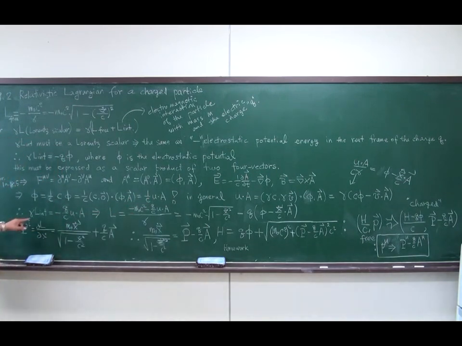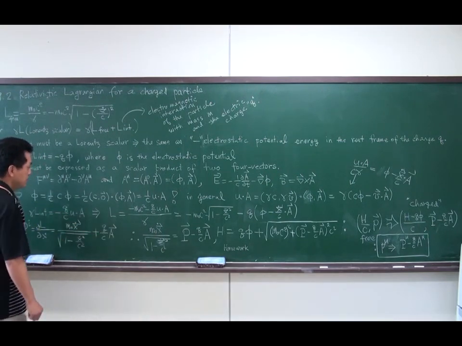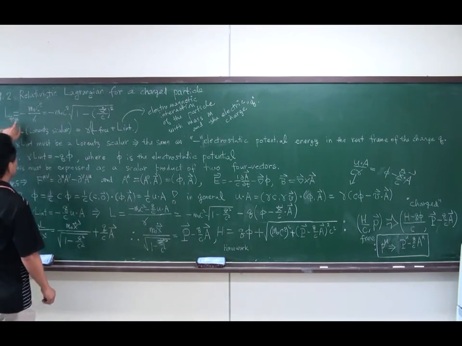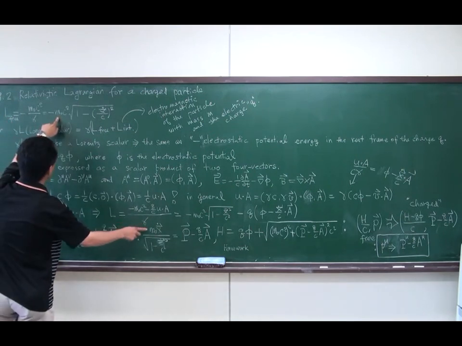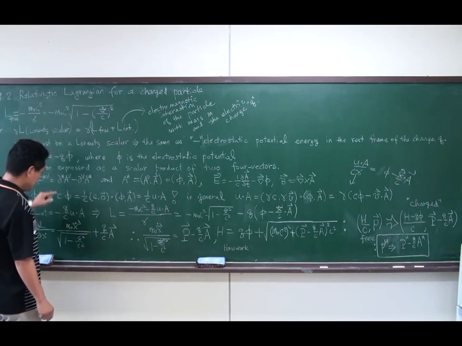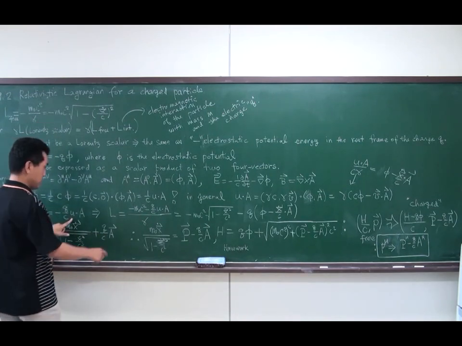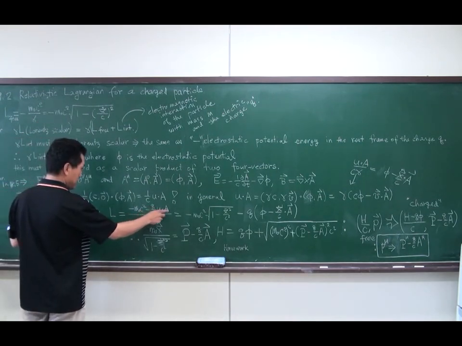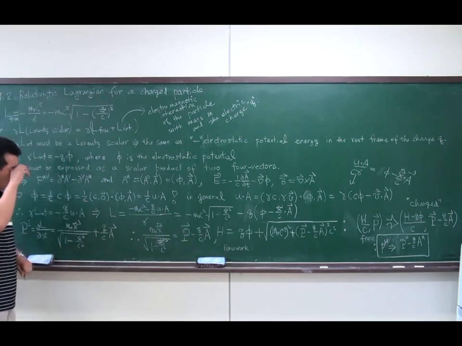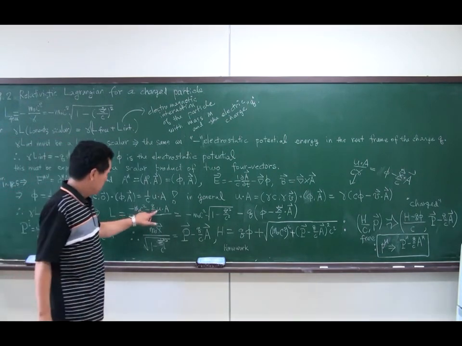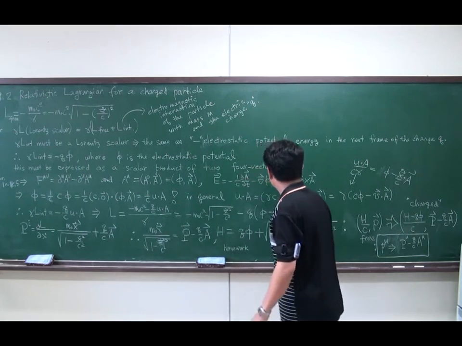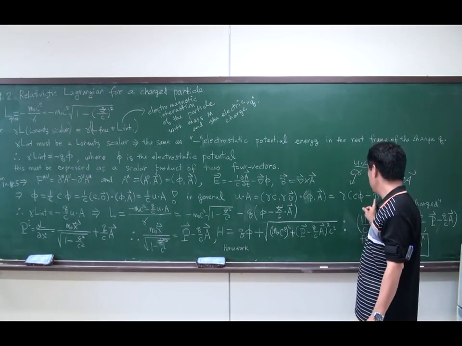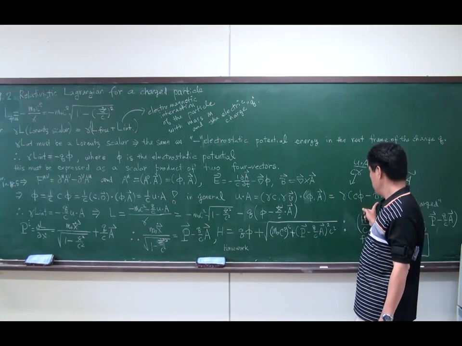If I divide by gamma on both sides, our final expression for the Lagrangian is the free particle case, minus mc squared over gamma, and then minus q over c, u dot A, divided by gamma. But this 4 velocity is actually expressed in terms of the normal velocity, right?